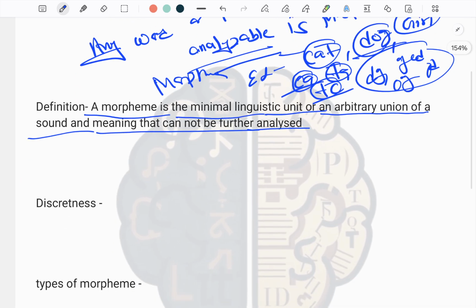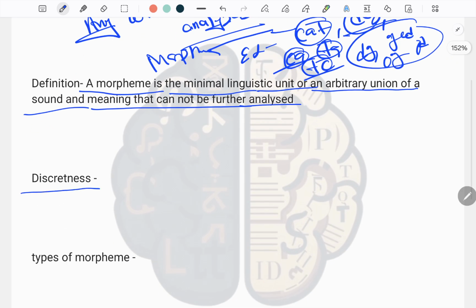Now, we have another term, known as discreteness.